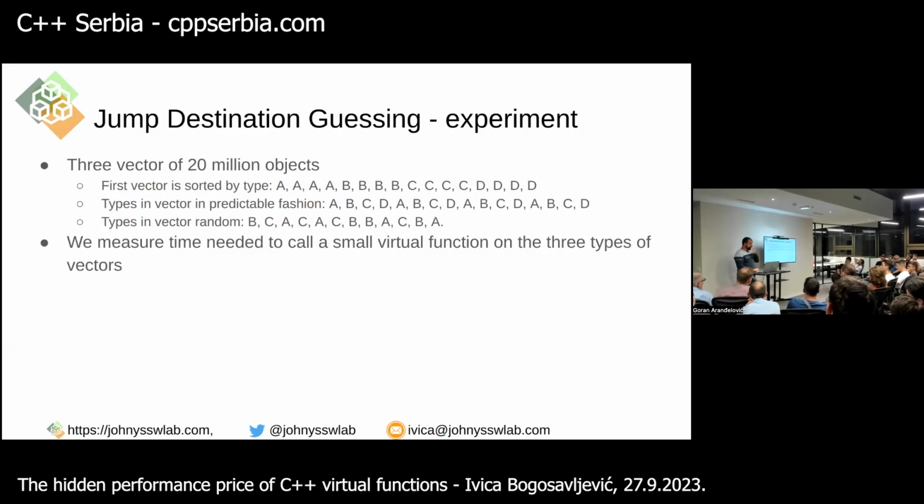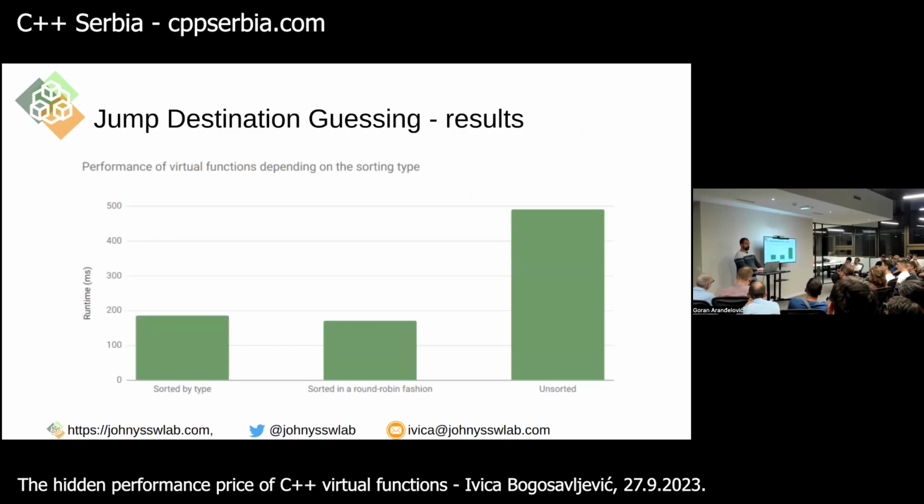So we measure the time needed to call a small virtual function on the 3 types of vectors. We have the same operation, same virtual function, everything else is the same. What is different is how the data is sorted in the vector. And what happens is, if it's sorted by type or sorted in a round robin fashion, it takes less than 200 milliseconds. However, if it's unsorted, the call time is 500 milliseconds.